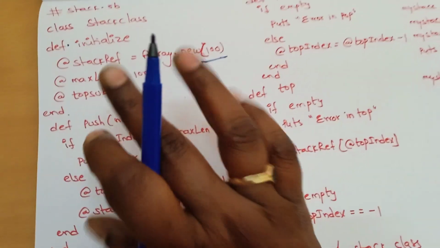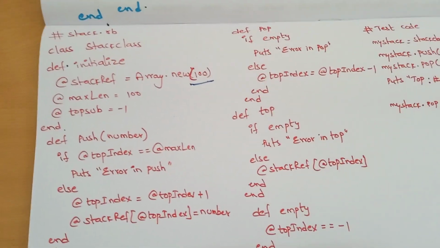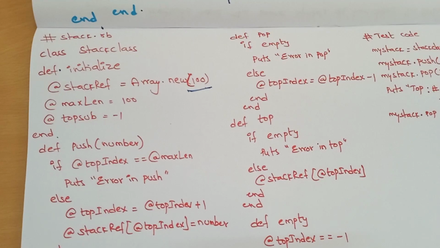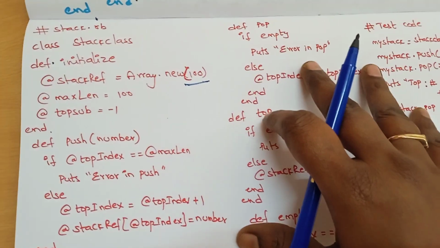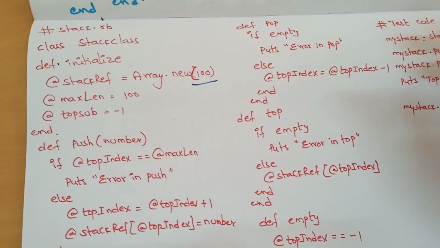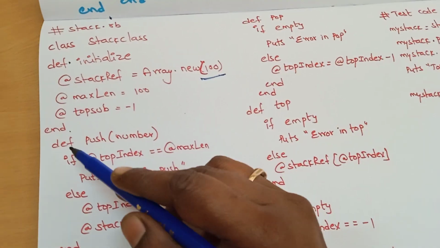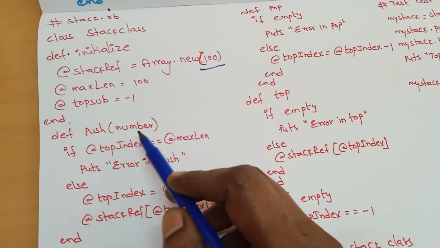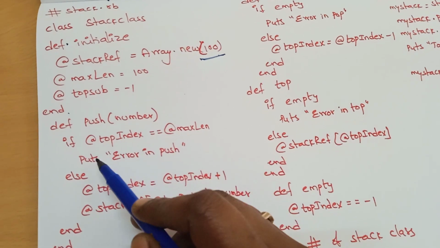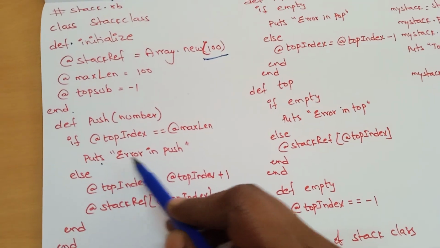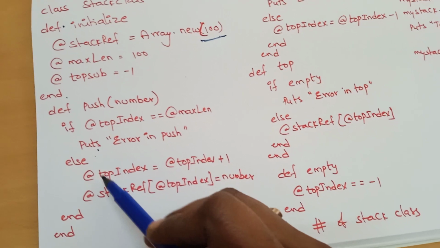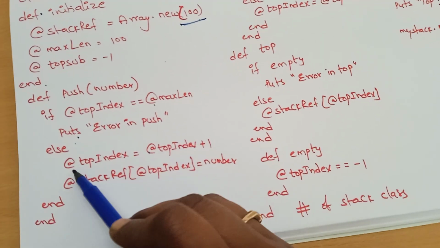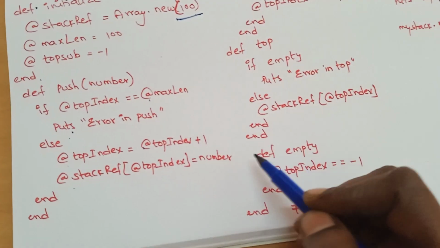Keep in mind, we'll end the class only after we define and declare all the class members and member functions, same as in Java. Definition push with one parameter, and we'll use the puts function to print something. Look at this, all instance variables have the @ sign wherever they are used in the program.